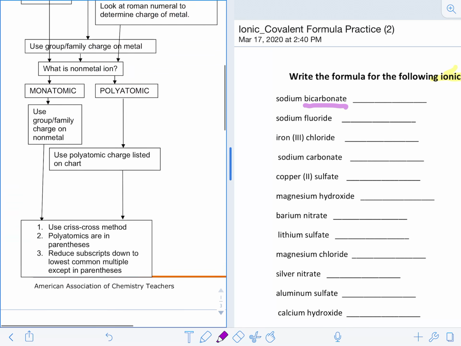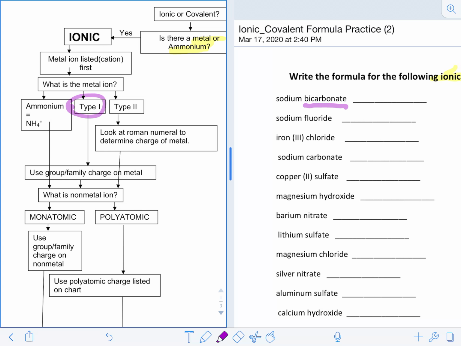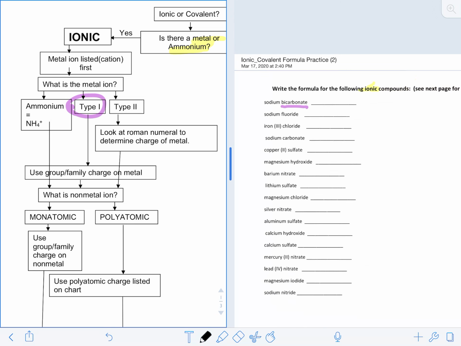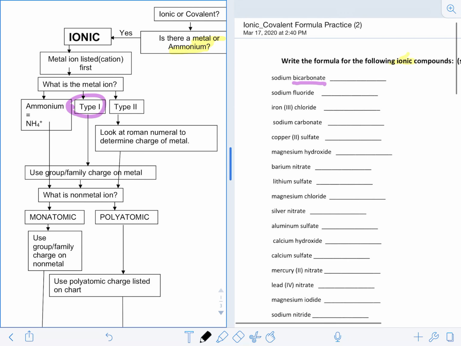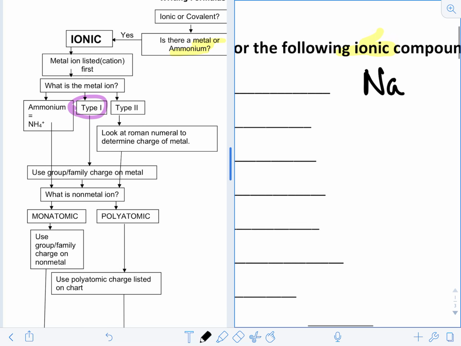So let's go back up to our flow chart here. We have a type 1 and we use the group family charge on that metal. I know that sodium, its element symbol is Na. And I also know that sodium is in the first column, which is group 1. Therefore, it's going to have a 1 plus charge.